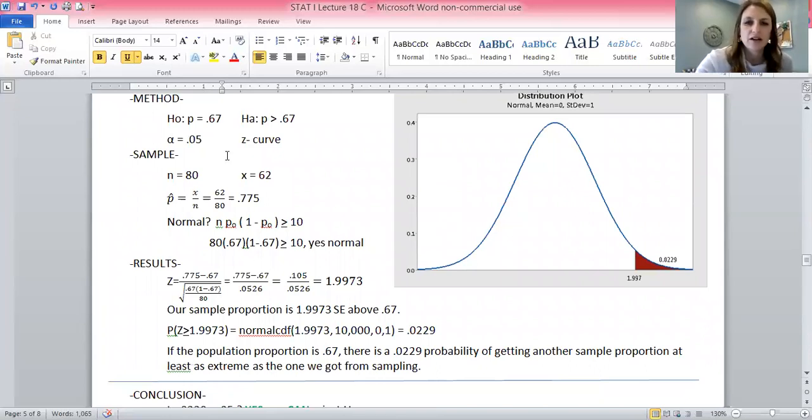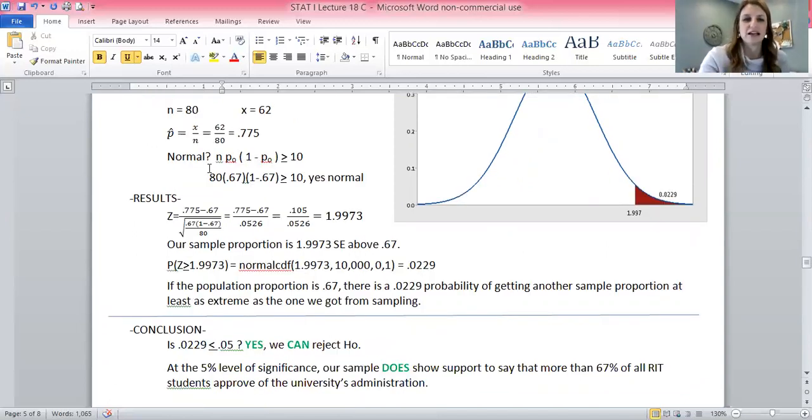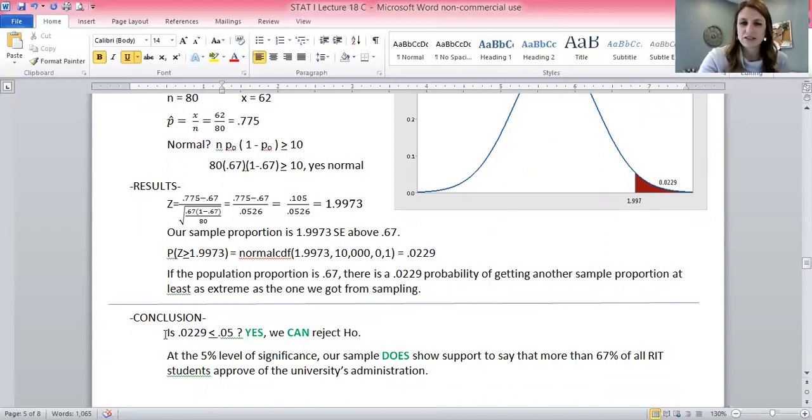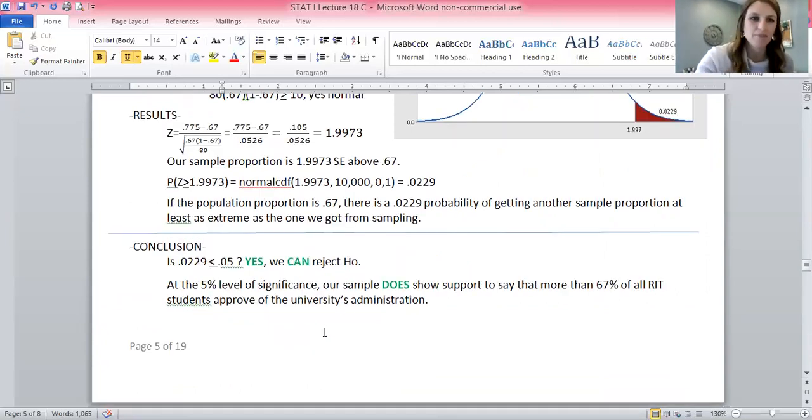So I'm going to compare this 0.0229 to the 0.05, and I always want to know, is my p-value less than alpha? So is 0.0229 less than or equal to 0.05? Yes. We can reject the null. That's exactly what I would want you to write. Now I'm going to say at the 5% level of significance, our sample does show support to say that.